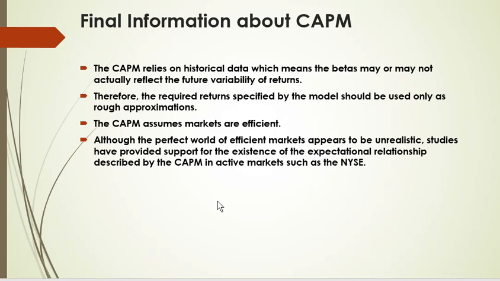The capital asset pricing model also assumes that stock markets are efficient. What that means essentially is it assumes that the stock market produces prices that are in equilibrium, that they are fair prices. And we know that in this world there's no perfect price. There's always going to be some variation in what the stock price actually is.